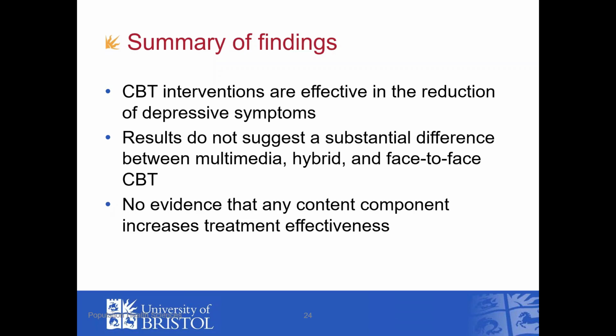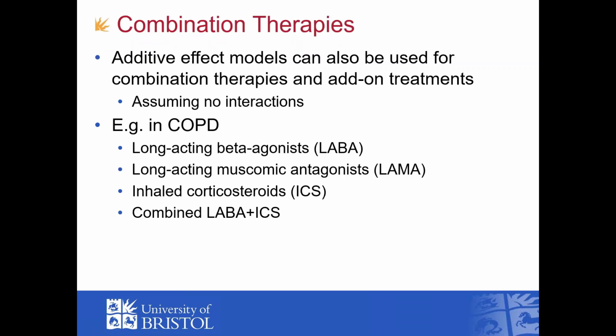I think I'm running out of time. I've got one last final example I was going to just show you, just to show that these methods can be used not necessarily in psychological type interventions, but also in pharmacological interventions, where, for example, you have combination therapies.